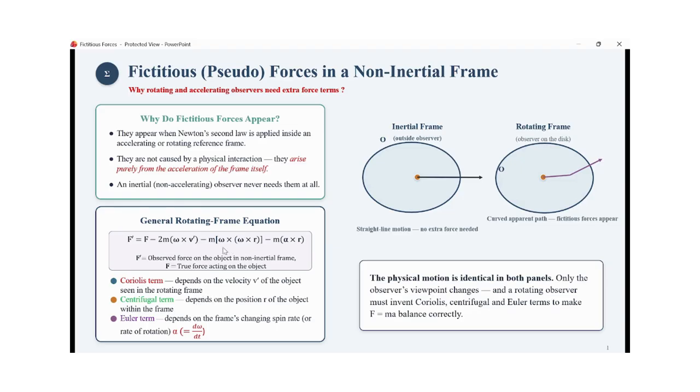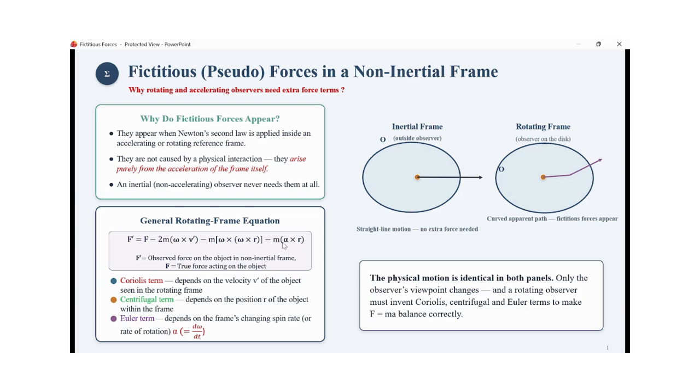When the frame is rotating, the distance of the object from the axis of rotation decides the value of the centrifugal force acting on the object. Then the third term is m alpha cross r, where alpha is d omega over dt.